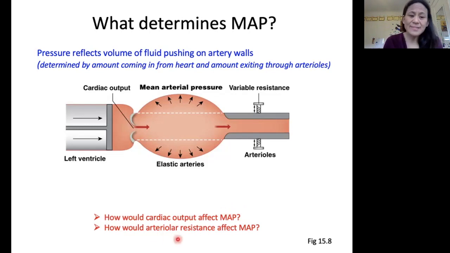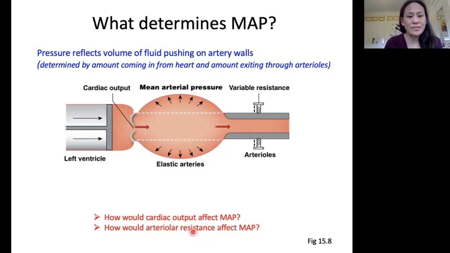Arteriolar resistance. Hopefully you figured out also that as arteriolar resistance goes up, MAP is also going to go up. The higher our arteriolar resistance is, the harder it is going to be for the blood to leave the arteries. That means our volume of blood in the arteries is going to go up, and again, that's going to increase the pressure of the blood pushing on the artery walls.